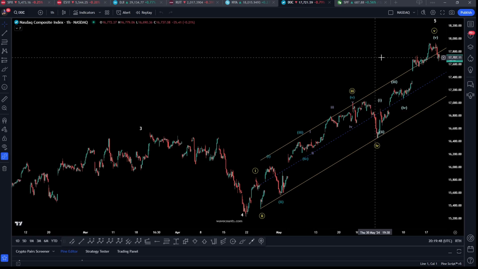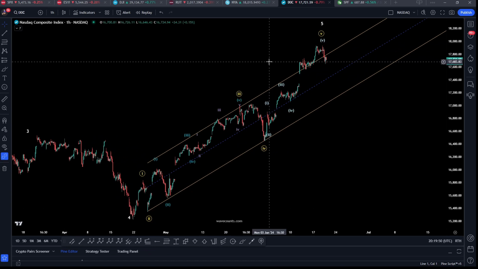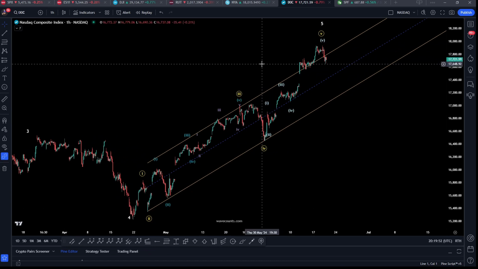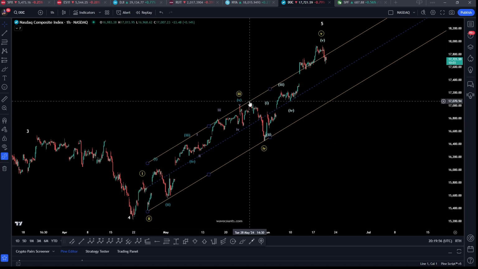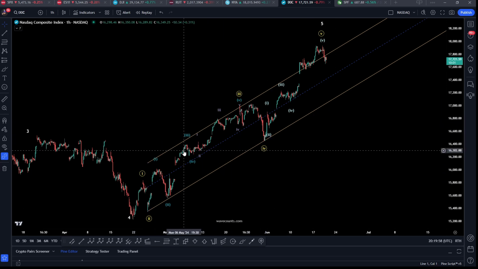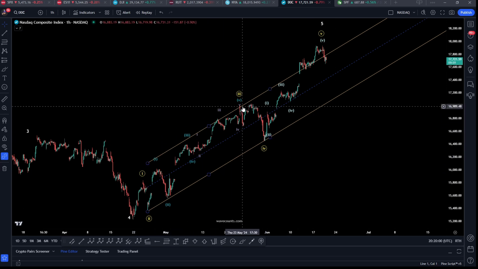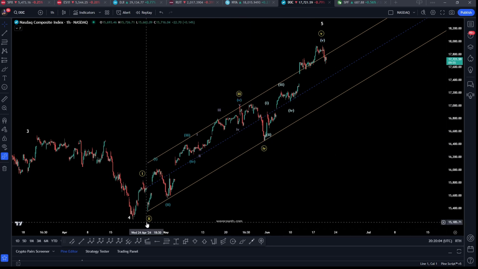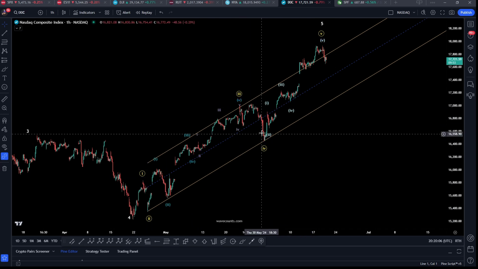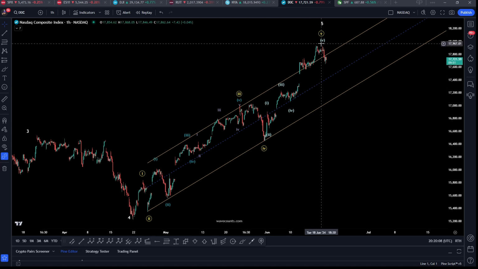It is not different in the NASDAQ composite. Okay. Extended third wave with an extended fifth wave within the extended third. Flat 4, zigzag 2. Extended fifth wave.